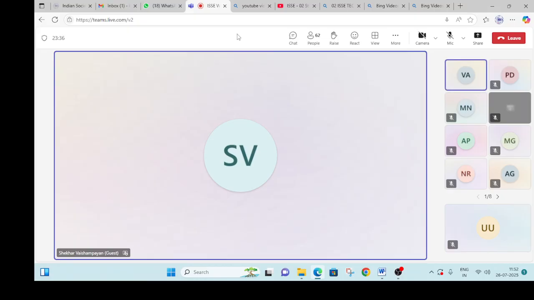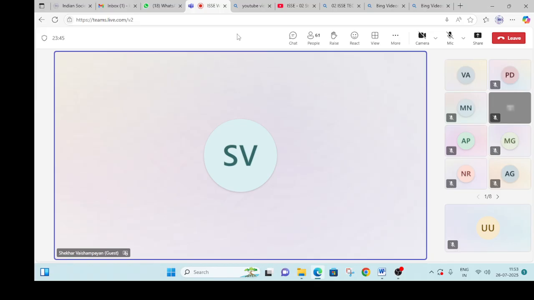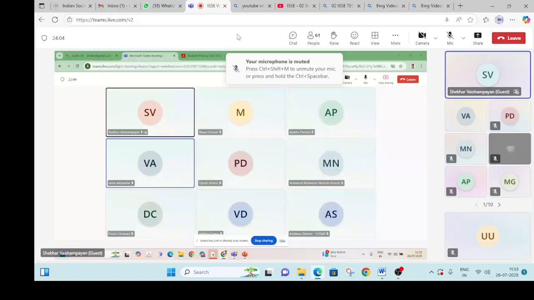So, Shekhar sir, yes. Sir, your screen is not visible. Oh dear, okay, one second. Please wait. It is suddenly not visible now. Not yet, sir. We have not started. Sharing again. Thank you for informing.